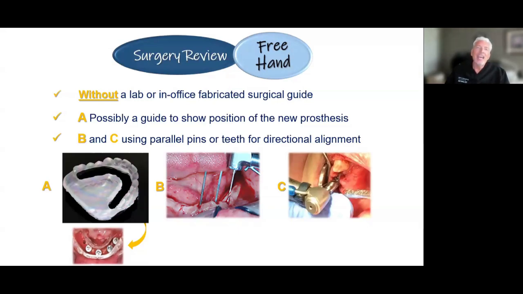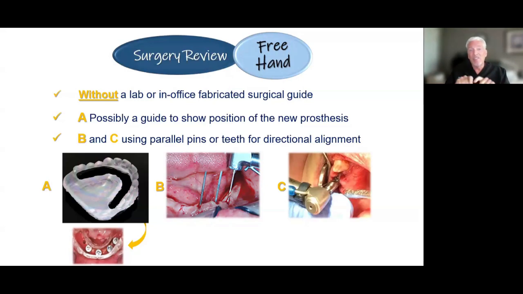For you doing freehanded, you're taking on the role of judging bone quality, available bone, and angulation of the implants, to capture the best bone possible, to avoid certain anatomy, etc. But it's still nice to have something here that says to you as the implanting clinician, teeth are going here.